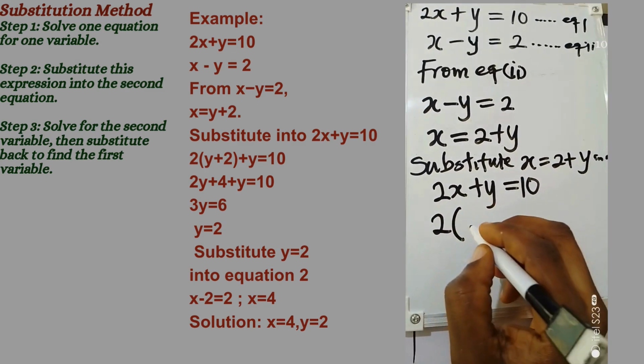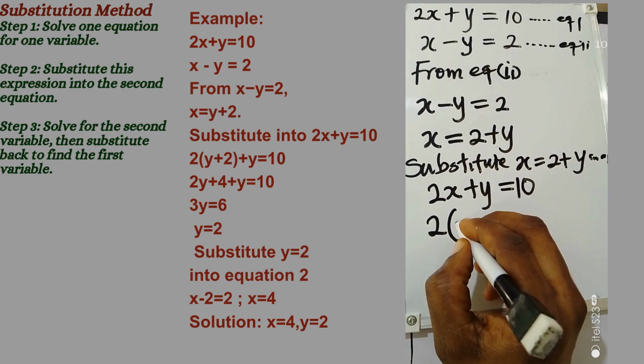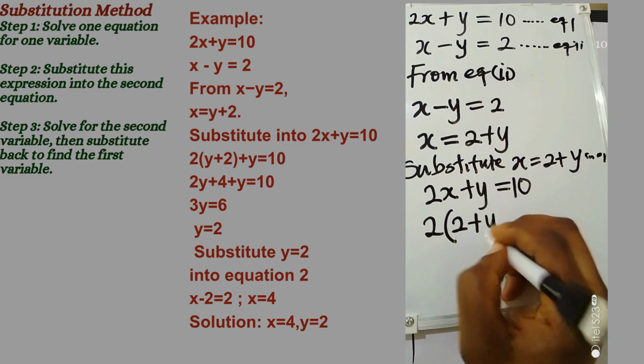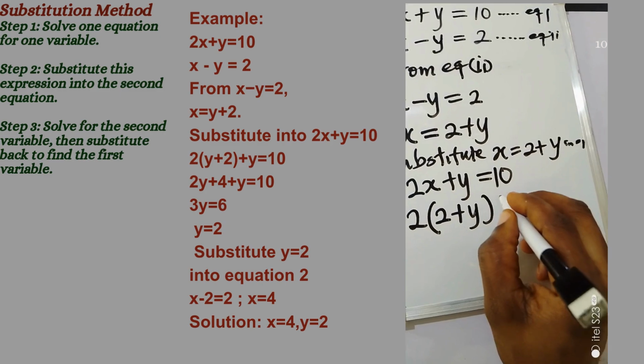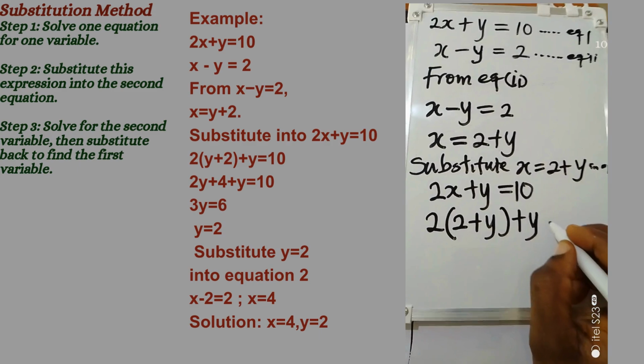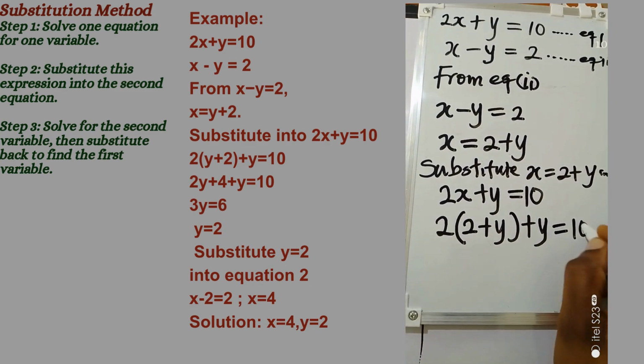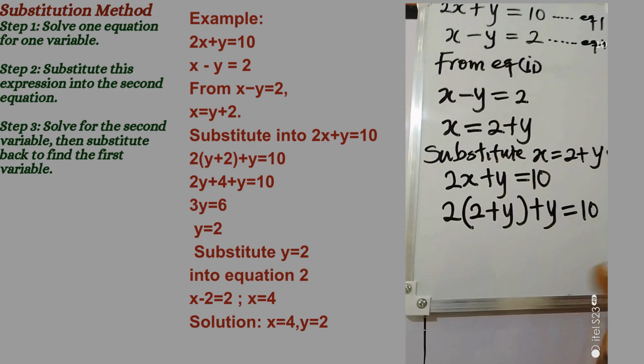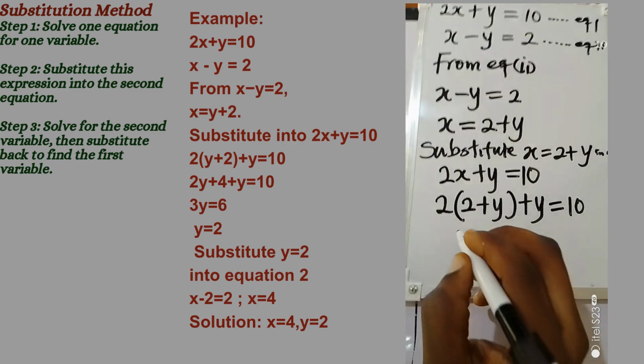So if I substitute x equals to 2 plus y into equation 1, I'm going to have 2 open bracket 2 plus y, then close the bracket, plus y equals to 10. So from here, I'm going to open this bracket.